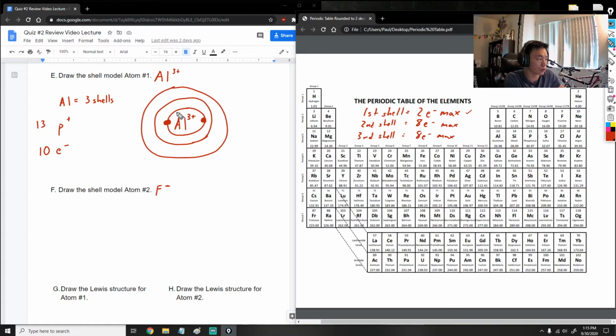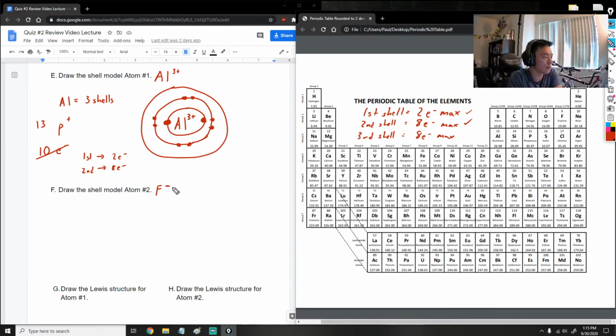We did 2, so we're going to go 3, 4, 5, 6, 7, 8, 9, 10. We've used up all of our electrons. The first shell has 2 electrons, and the second shell has 8, and we're good because the second shell can only hold 8.